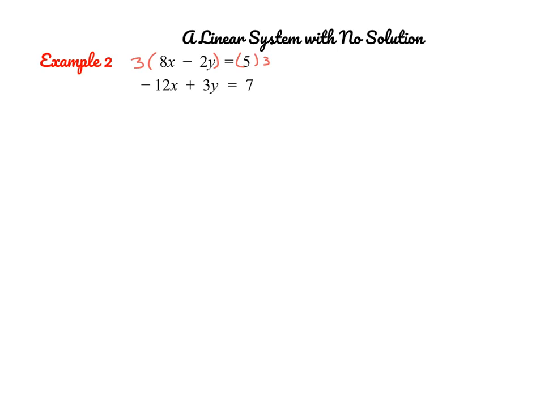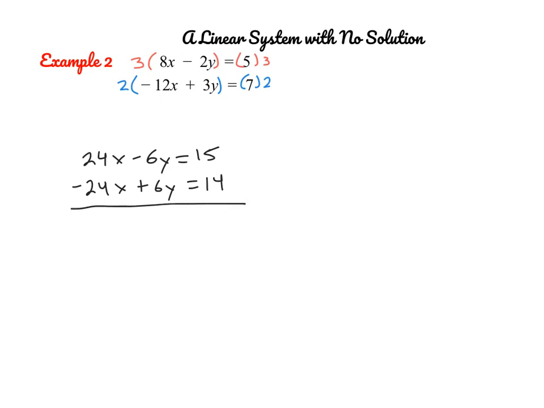That will give us a term here of negative 6. So that means that we can just multiply our bottom equation by positive 2. Let's rewrite our equations. 24x minus 6y equals 15. And negative 24x plus 6y equals 14.